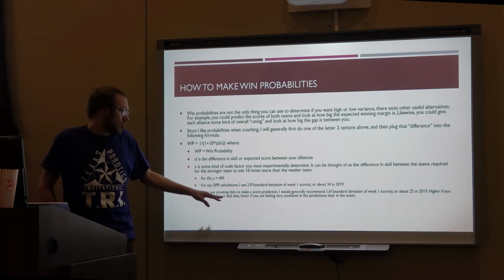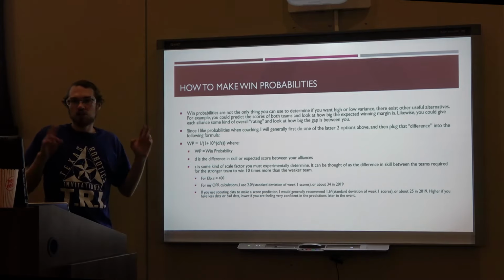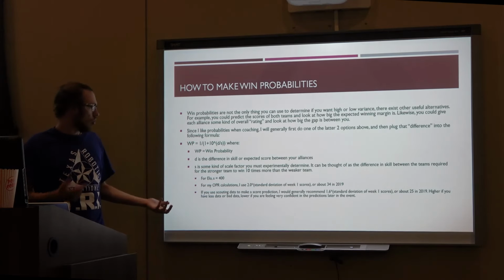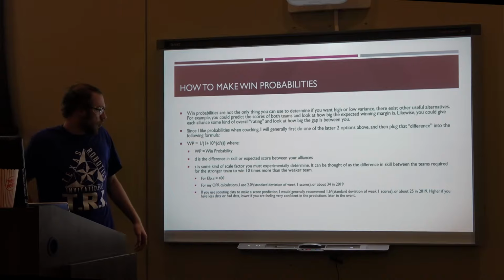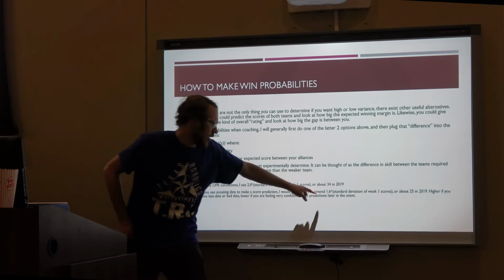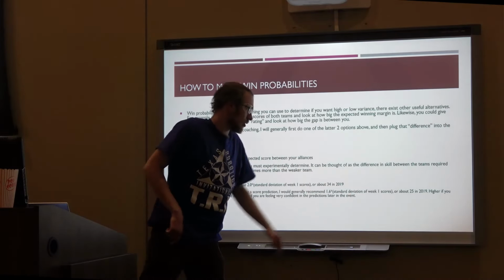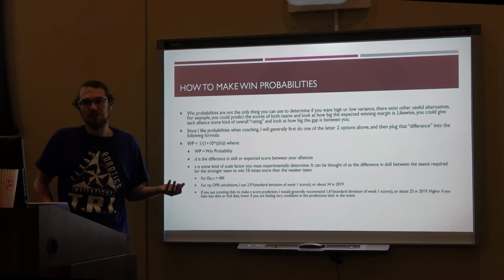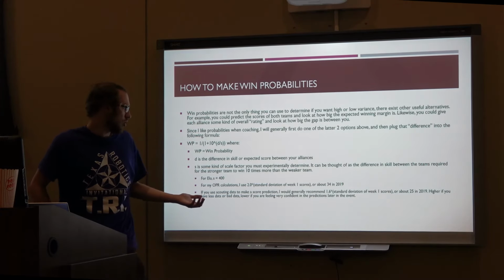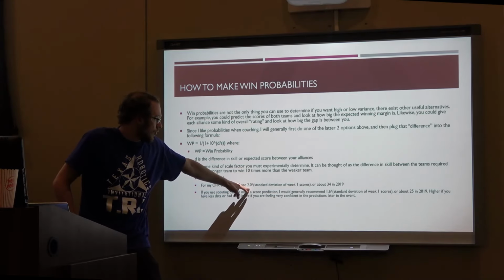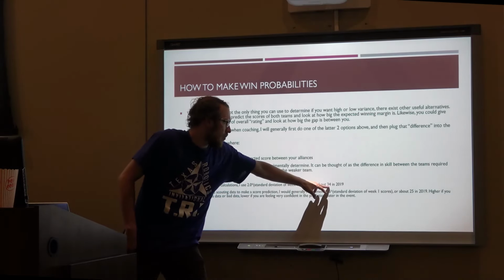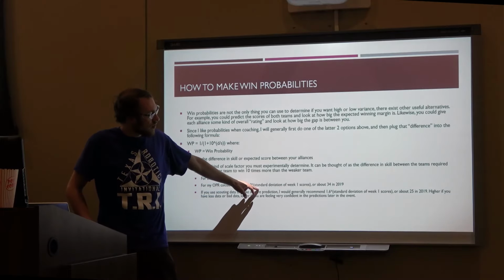Commonly, I see teams use scouting data to make score estimates for each team or score estimates for each match. What I would recommend would be something in the vicinity of 1.6 times the standard deviation of week 1 scores. So a little bit lower than for the OPR, where I had it at about 34, or about 2 times standard deviation.